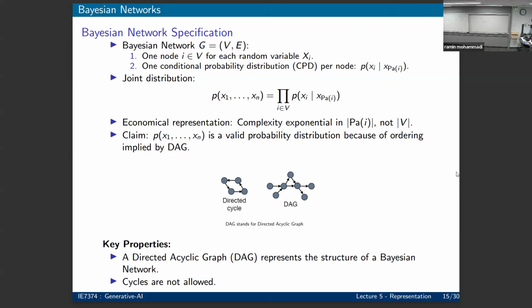The complexity of this Bayes net no longer depends on the number of data points. It's actually exponential with respect to the number of parents. The more parents you have, the more the number of parameters you need to learn grows exponentially, because it only depends on the parents, not the nodes itself.